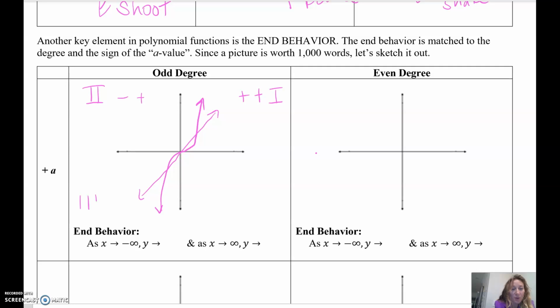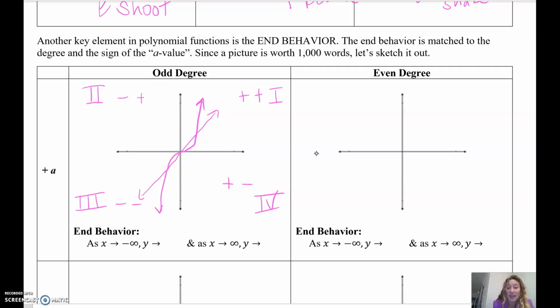This is quadrant 3 with a negative x and a negative y. And then this is quadrant 4 with a positive x and a negative y. So these ones have the same values, but this is not considered same end behavior.